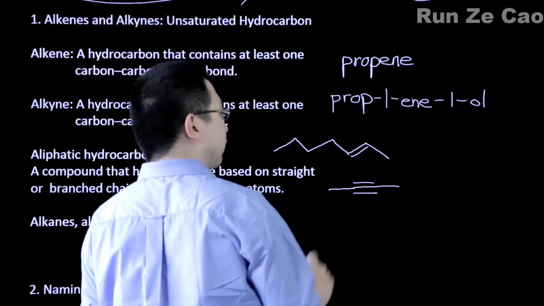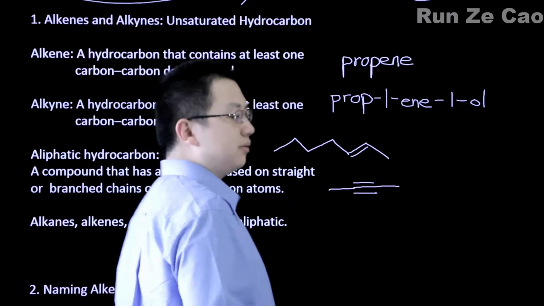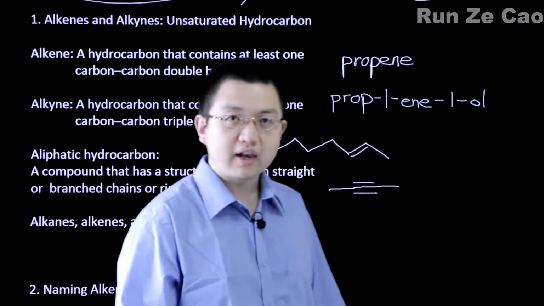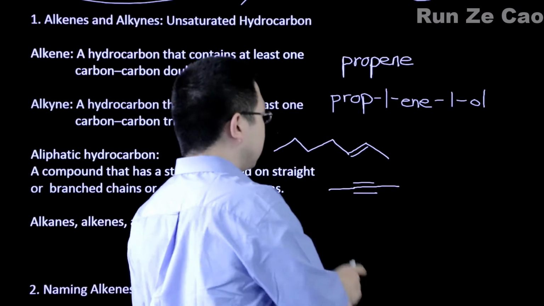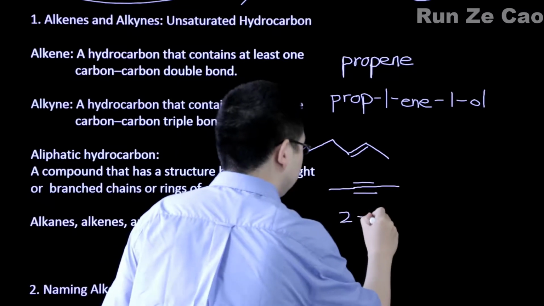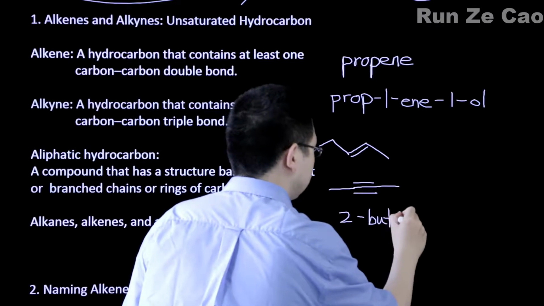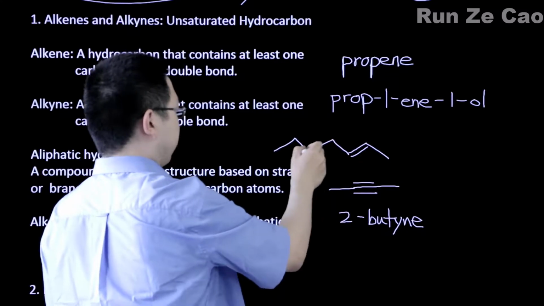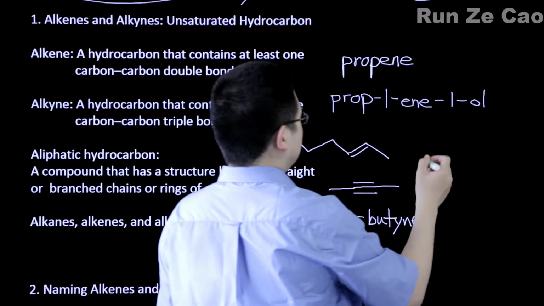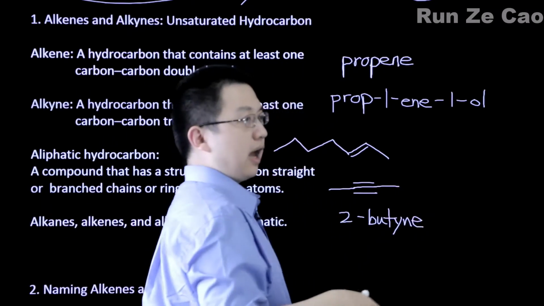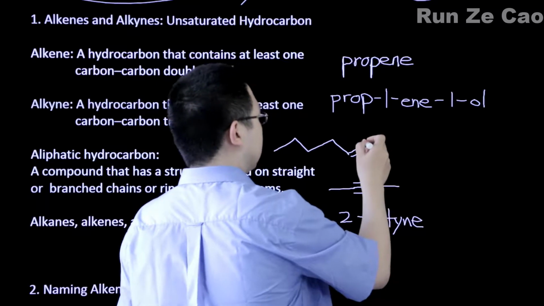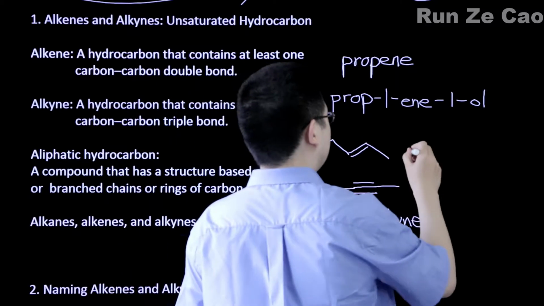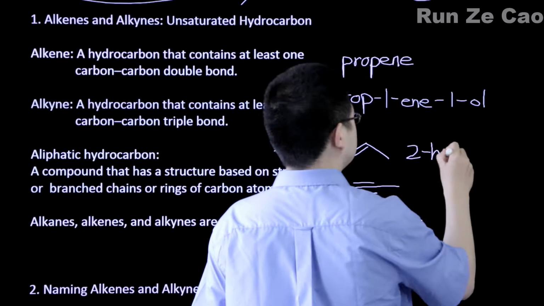But if we didn't label them, then this is assumed to be an image of just the carbon skeleton, which means that this is 2-butyne. And this would be 1, 2, 3, 4, 5, 6, 7. So that's a hept, well, 2-ene, or 2-heptene.